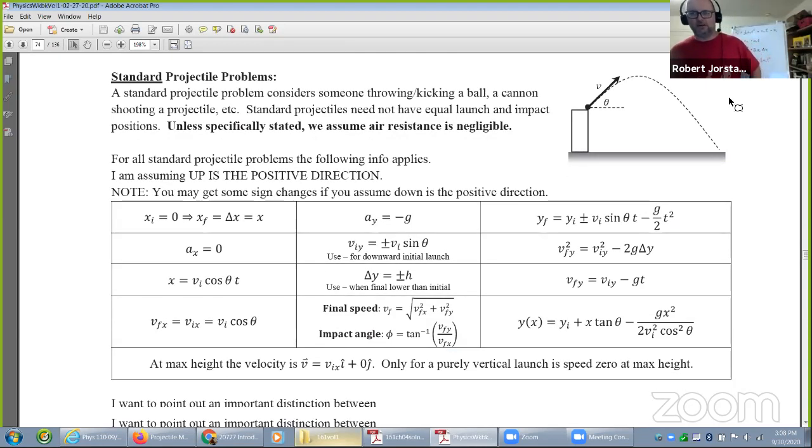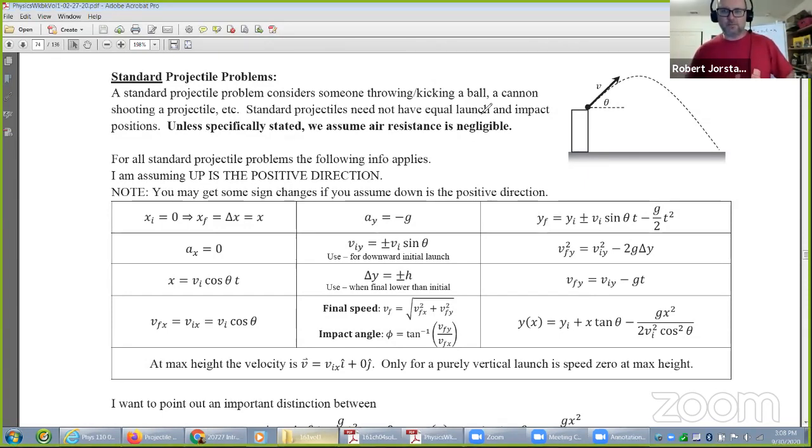All right, so let's briefly go through this. Normally, when you're doing a problem like this, there are some assumptions we make. So this is a standard projectile problem. Not every problem is standard, but if you hear me say it's a standard projectile problem, you should assume this. Number one, air resistance is negligible.